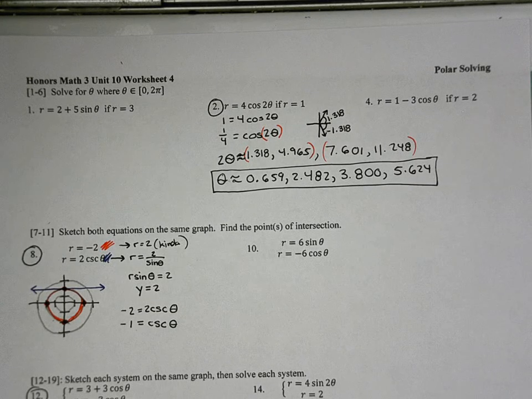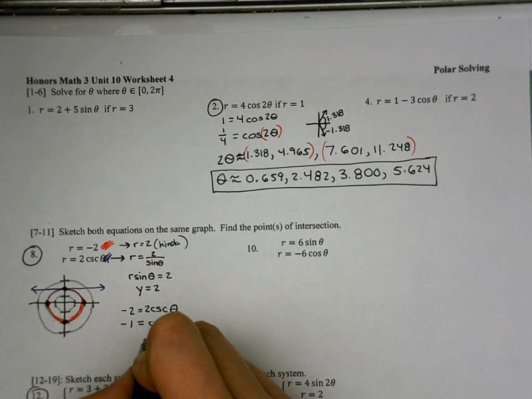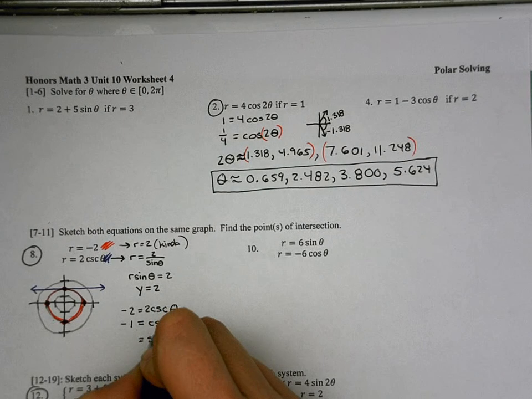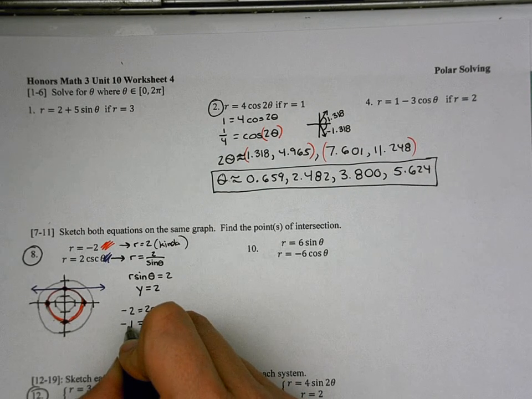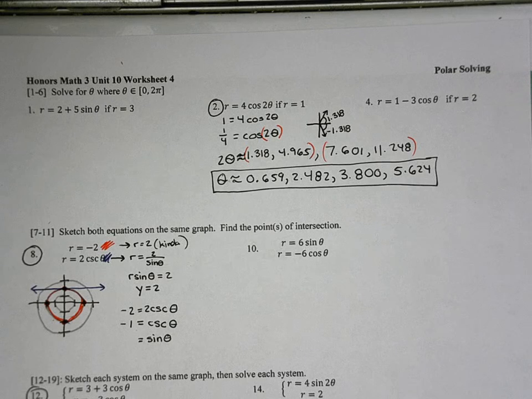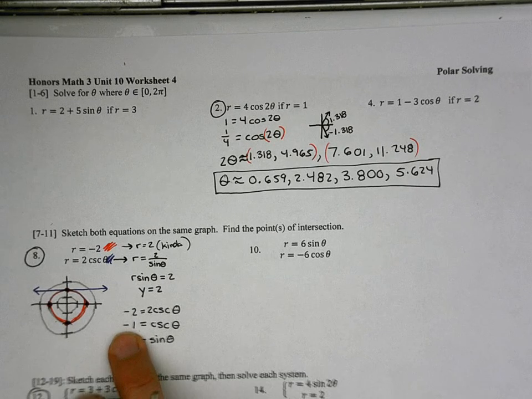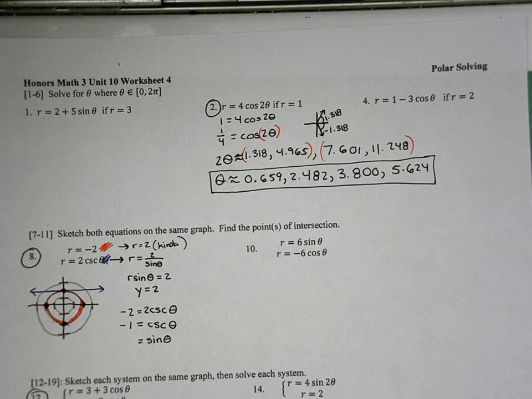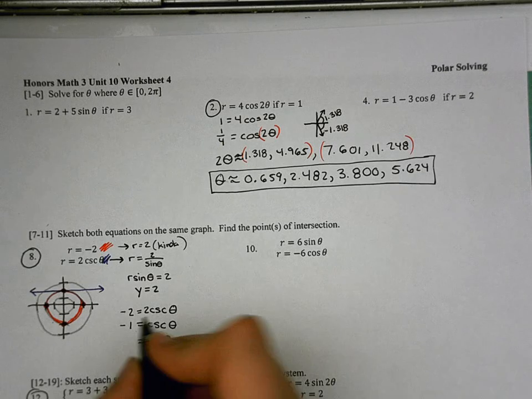And so you could take the reciprocal of this cosecant theta, that would be sine theta, and you could do the reciprocal of -1. Now, imagine what this is as a fraction. That's -1 over 1. If you spin that fraction, if you do the reciprocal of -1 over 1, you still have -1.